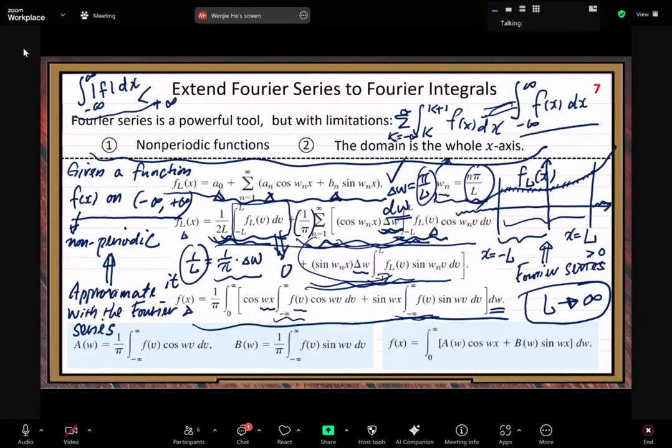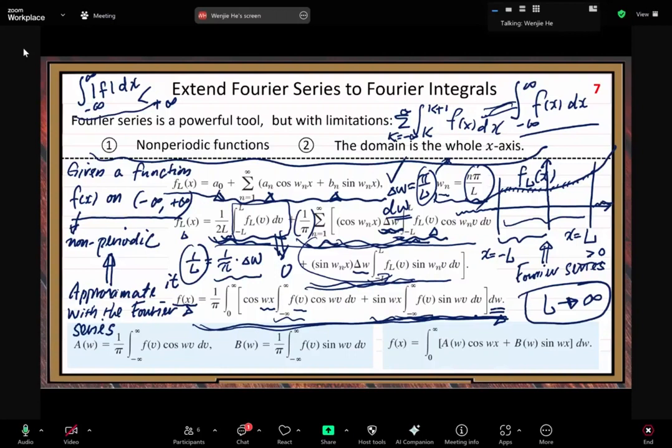So that delta W, the dW, we move it outside. Then the second term is similar. When we take the limit, similar. So at the end, we represent the original F function using this big integral representation.